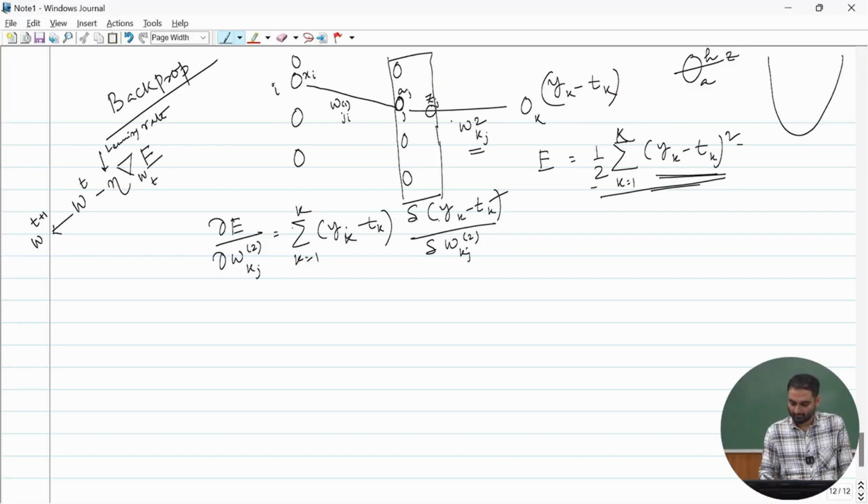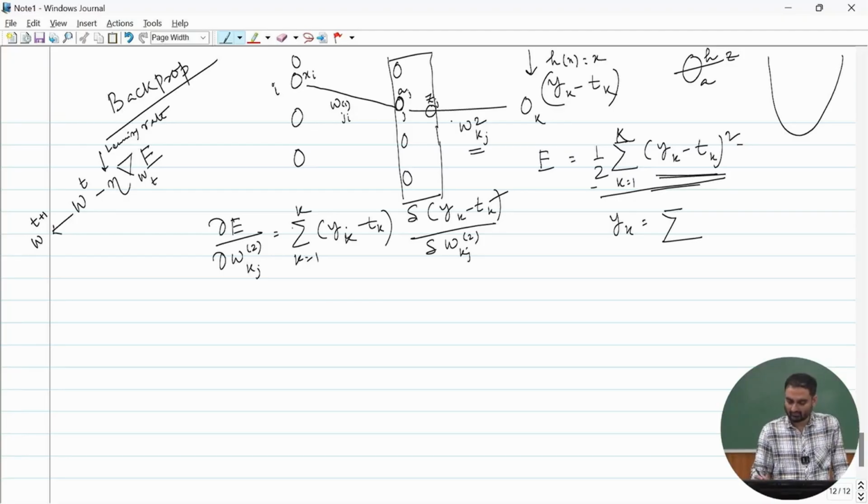What is yk? I forgot to mention another thing. Let us assume that the activation at the output is a linear activation, h(x) equals x. Whatever input you get, that's going to the output.